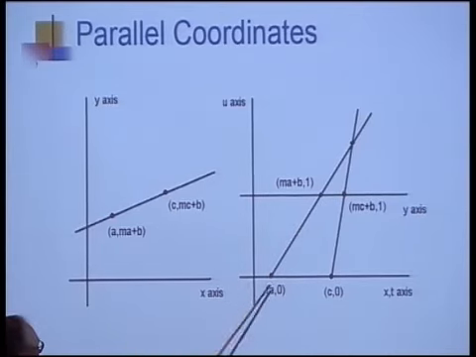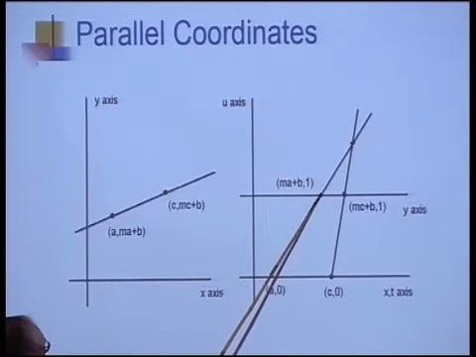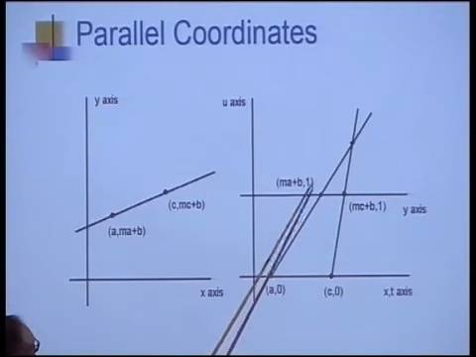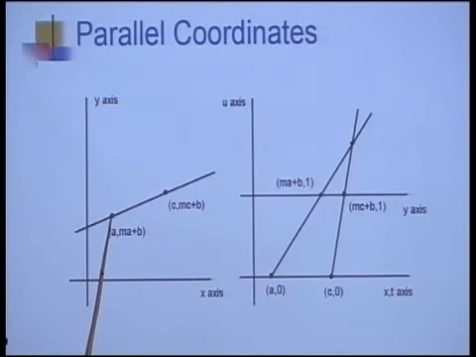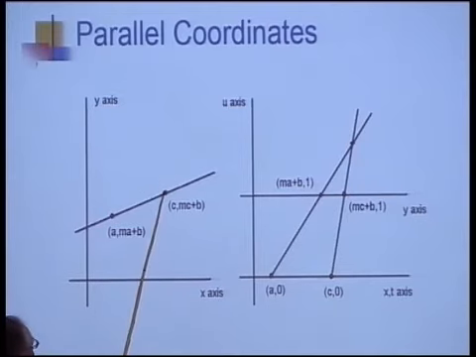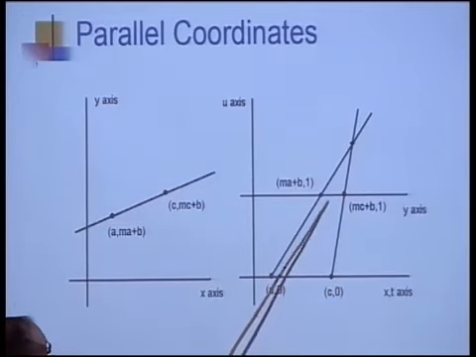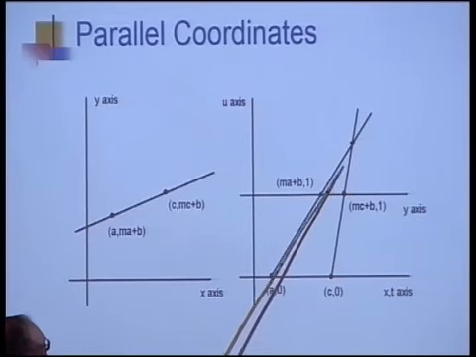We plot A on the x-axis, at A and 0, and on the y-axis we plot MA plus B, at 1, and we join those by a line. So the point A, MA plus B, is represented by this line in the parallel coordinate display. At the same time, the second point, C, is plotted as C, 0 and MC plus B, 1.